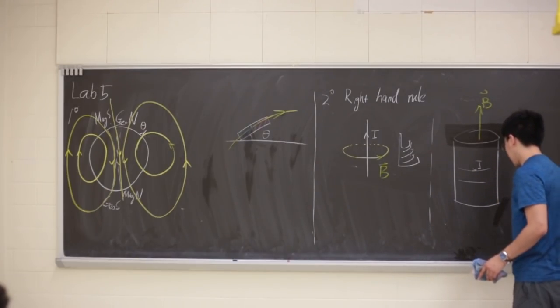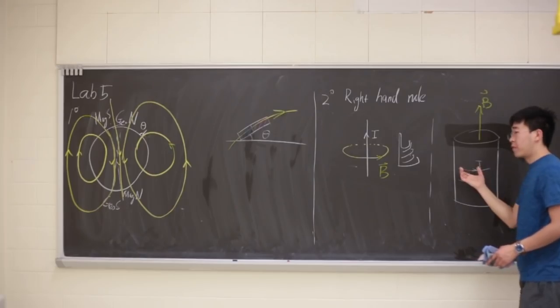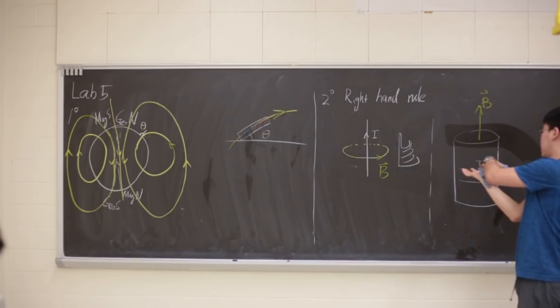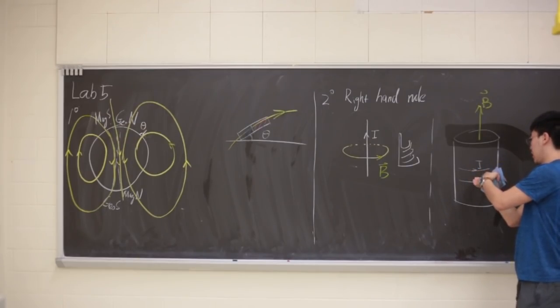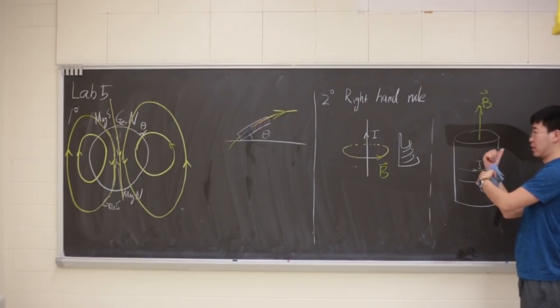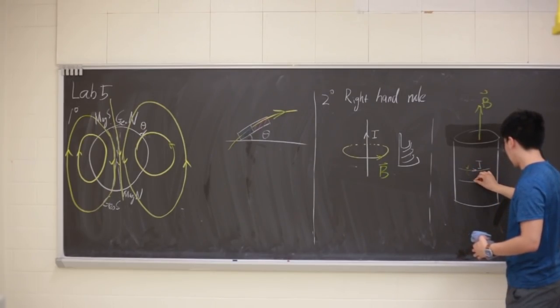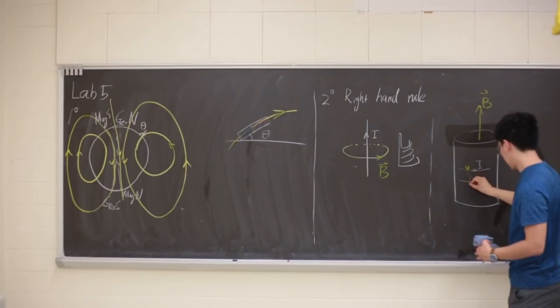So you can also think of it as, for each wire, you analyze it using this right hand rule. Thumb is the current, and forefinger is curling at the magnetic field line, which is like this. Right?